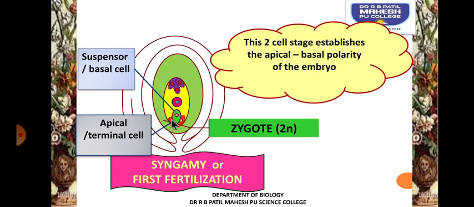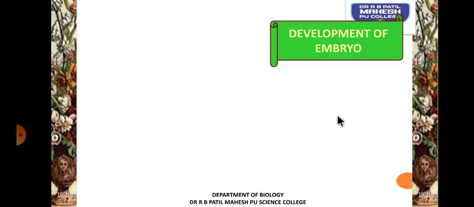So what happened, students? The zygote became an oosphere and divided transversely, forming two cells. The cell towards the micropyle becomes the apical cell, and the one away from the micropyle becomes the suspensor or basal cell.